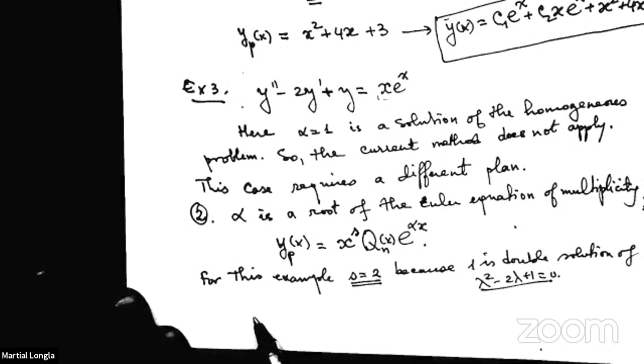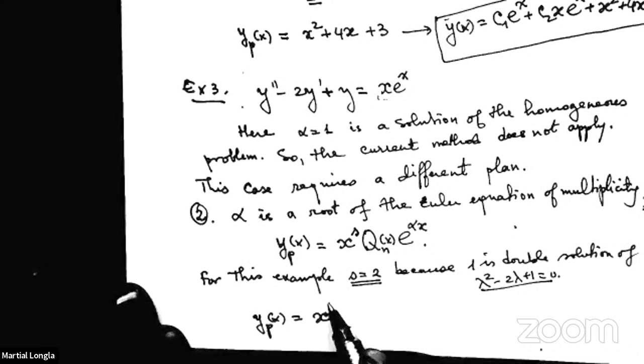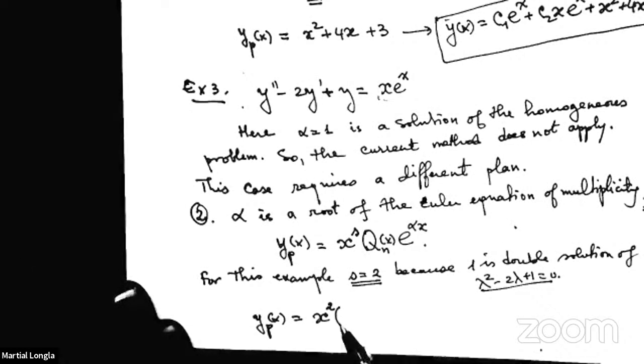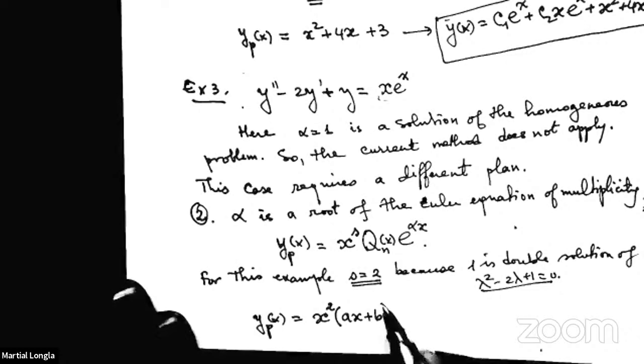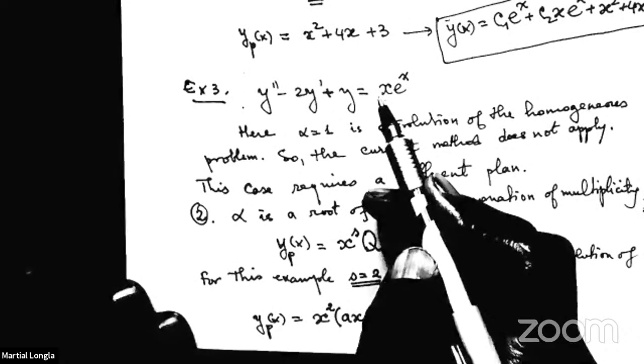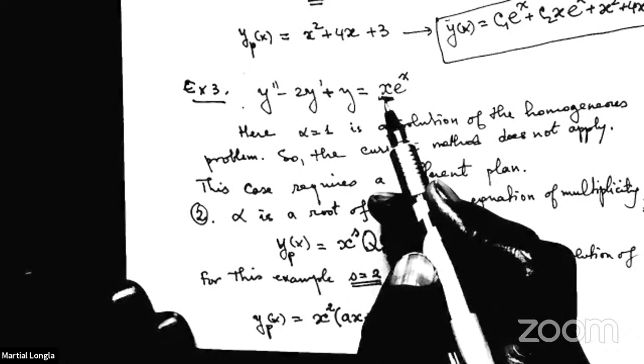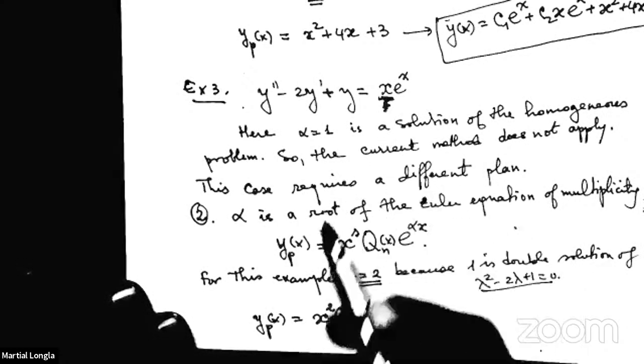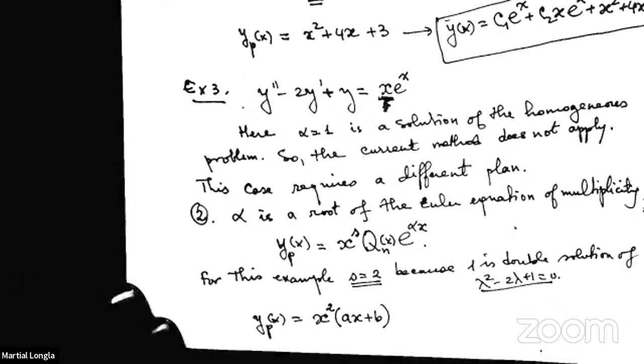So you would have yp of x equals x squared times (ax plus b), because n is 1 in this polynomial, as the right hand side is x, so it's power 1.